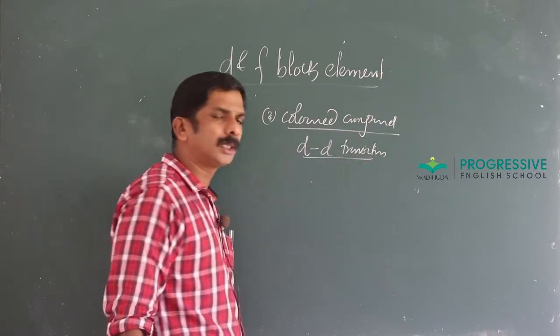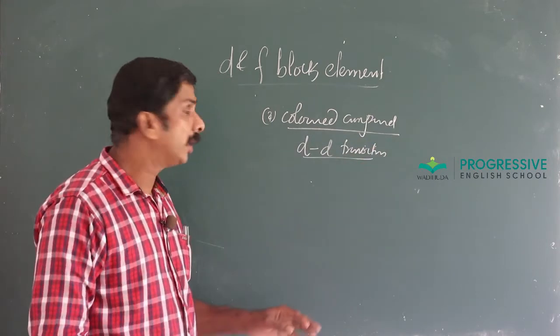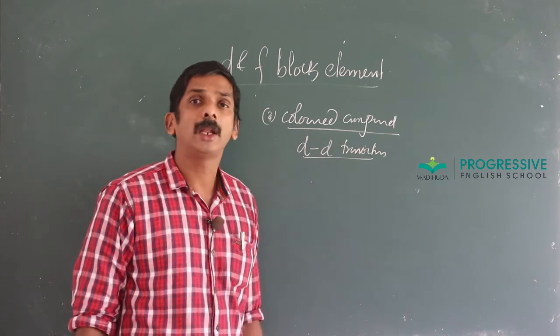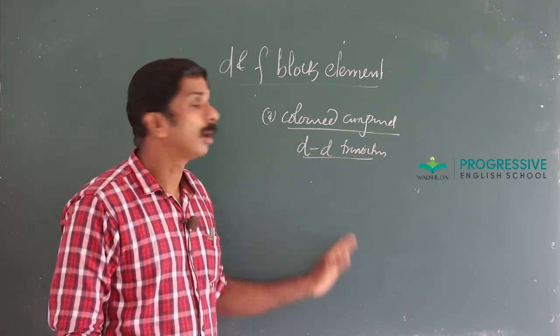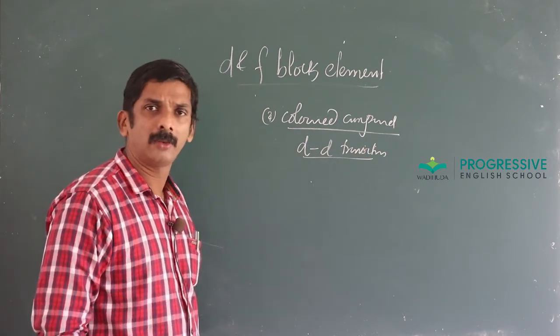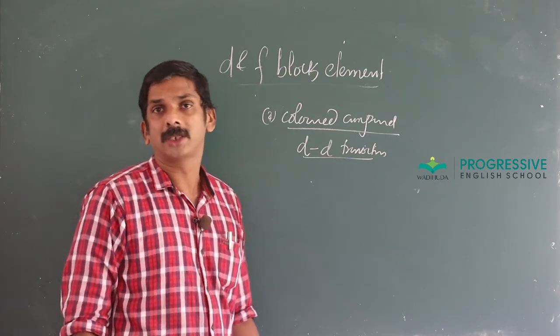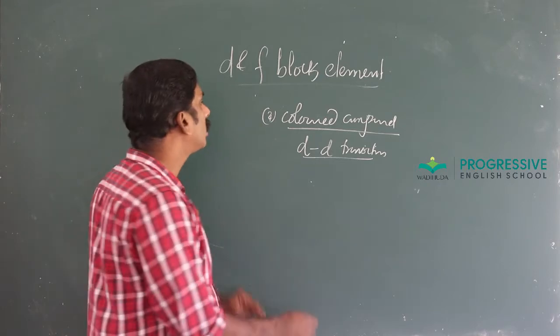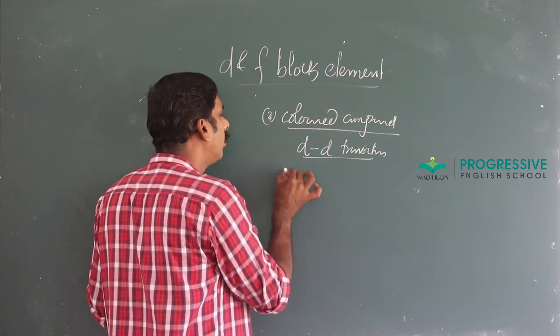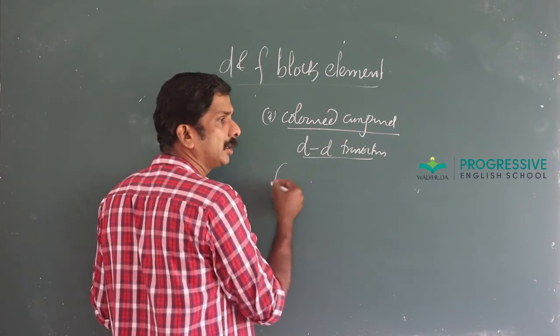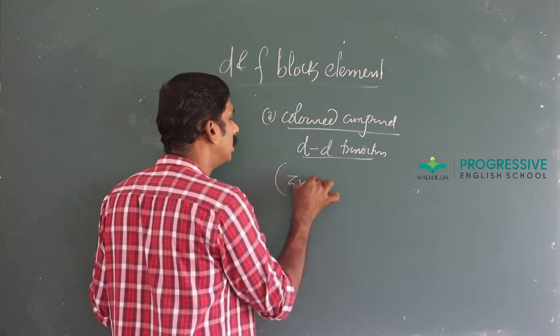This d-d transition takes place only when the metal contains an odd or unpaired electron. Already we have studied color formed by coordination compounds on the basis of crystal field theory. And sometimes a question asks like this: which among the following is colored or colorless?